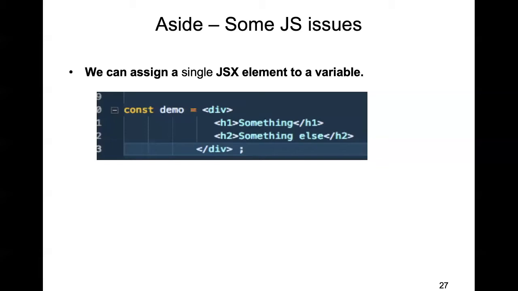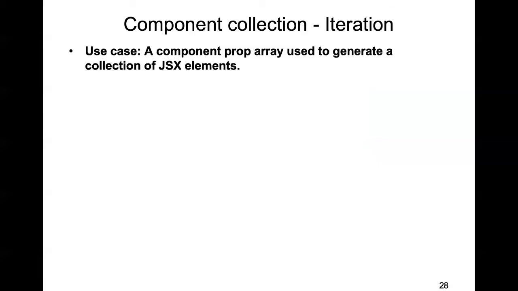Okay, so those 3 things are leading up to the next feature, which we actually use quite a lot. What if we actually want to generate an array of React elements or React snippets? The typical use case is a prop that's passed into a component is an array. We don't really care about the details. It could be an array of values, an array of objects, doesn't really matter. It's an array.